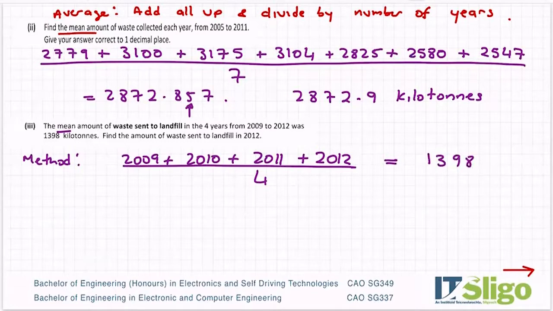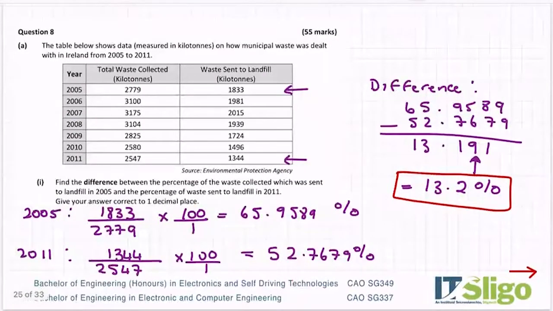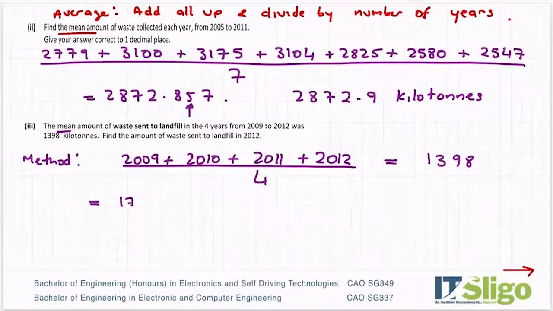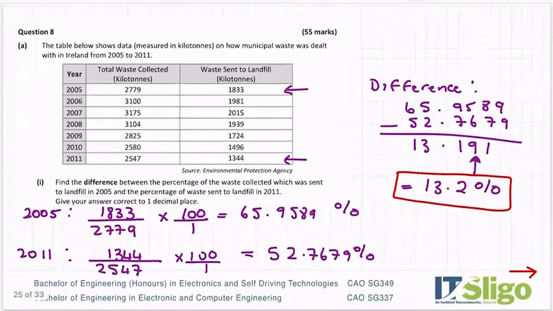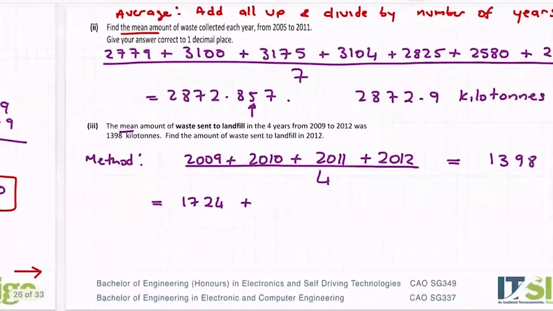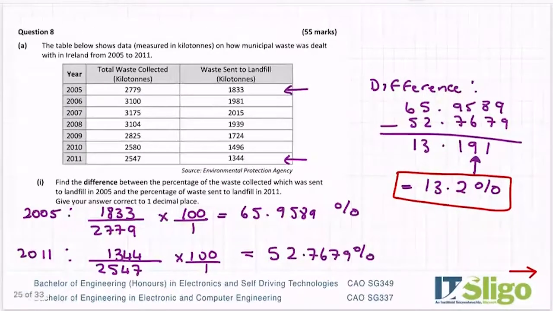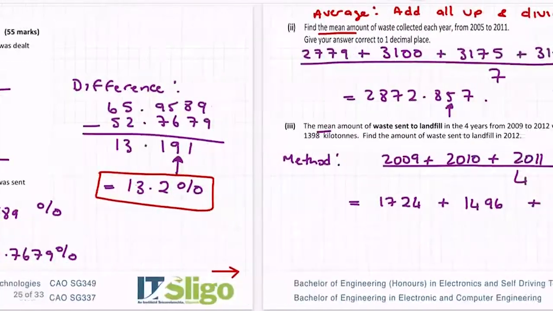Let me put in the numbers that I have. I don't have 2012, but I do have all the rest. So 2009 was 1724, 2010 was 1496, 2011 was 1344.